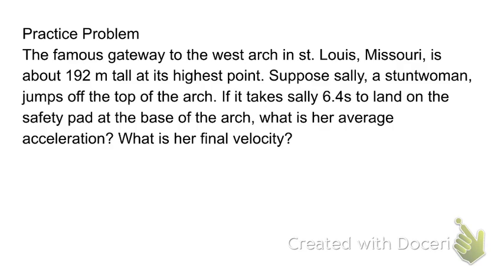So we're going to start by determining what we know. What information do we know about this situation? 192 meters tall. Normally we would represent that with a change in x, but since we are working on the y-axis today, we're going to call it a change in y instead.